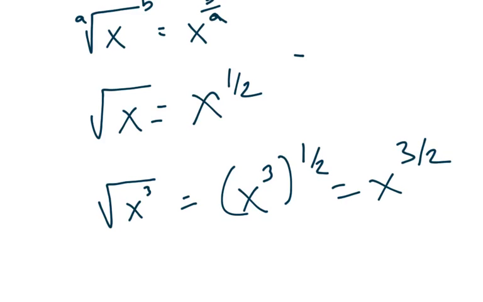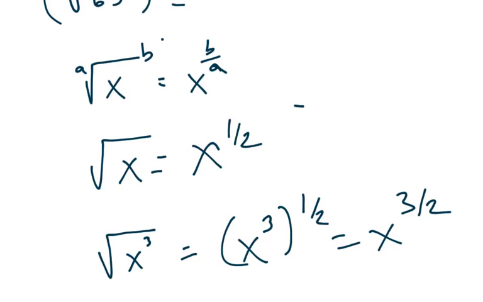Well, if that's true, then what are we actually saying? What we're saying is that the exponent inside goes on top, and then the index, which here is not written, but it's 2, goes on the bottom.